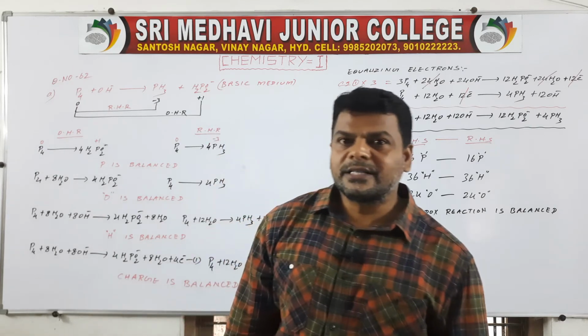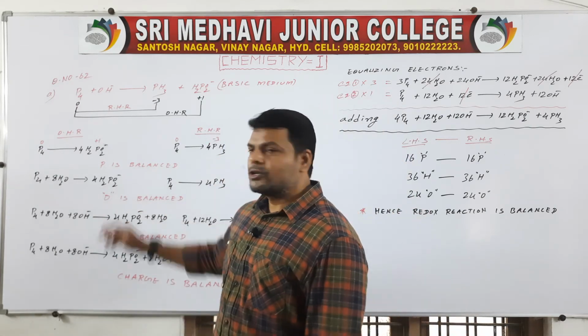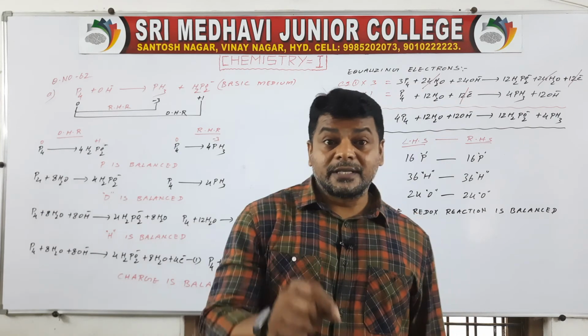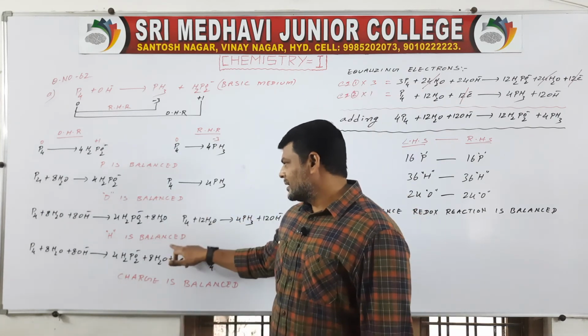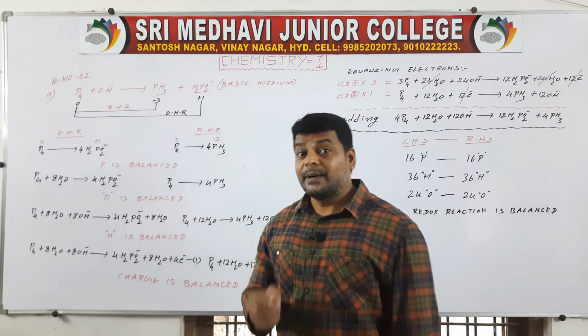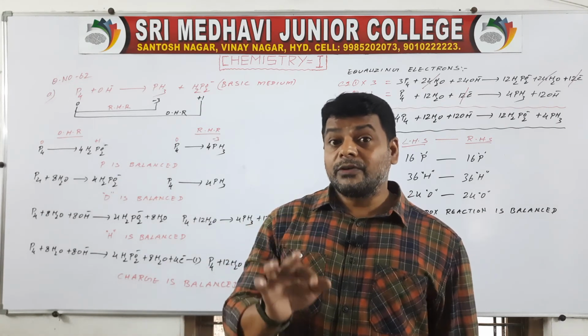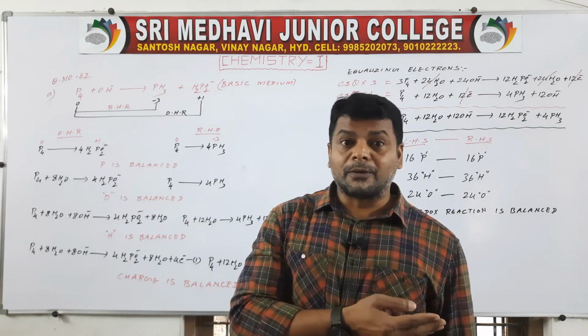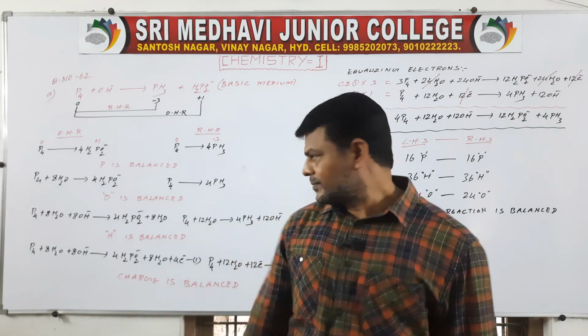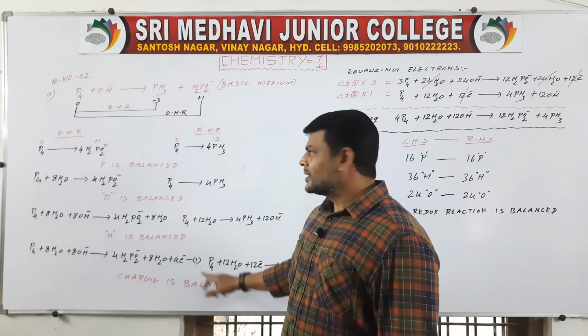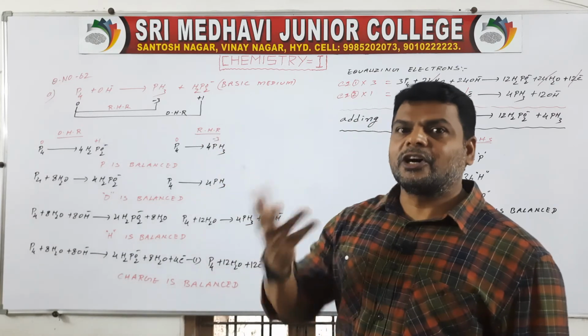For balancing oxygen, on the side with fewer oxygens we have to add water molecules. Next, hydrogen balanced. For balancing hydrogens, you first add water molecules on the side with fewer hydrogens, and on the opposite side hydroxyl OH minus.